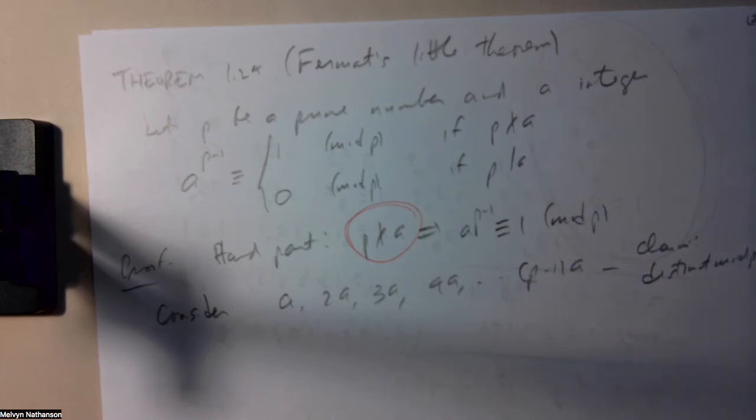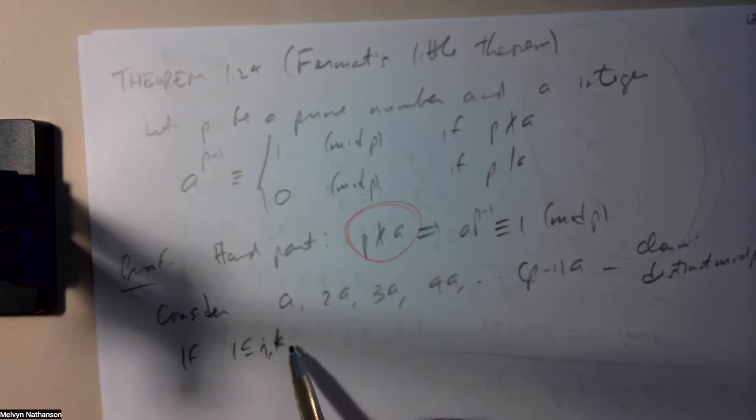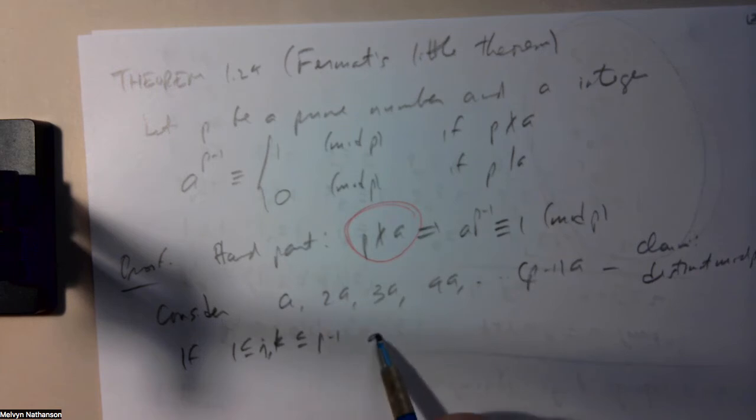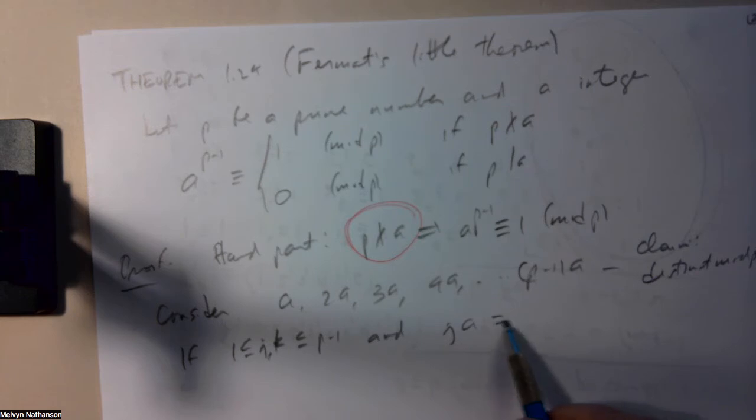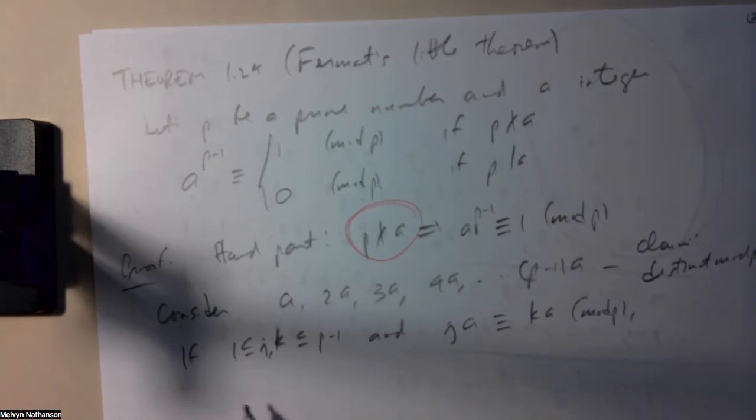And the proof of that statement is the following. If J and K are numbers between 1 and P minus 1, and J times A is equal to K times A mod P, that means JA is congruent to KA mod P. What does this mean?